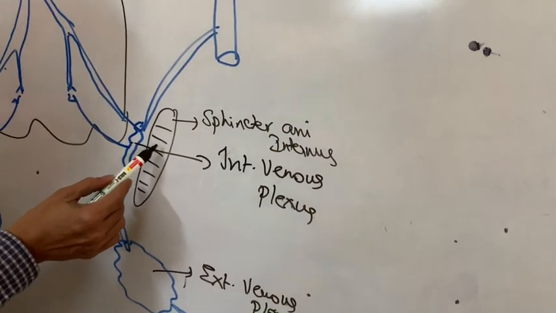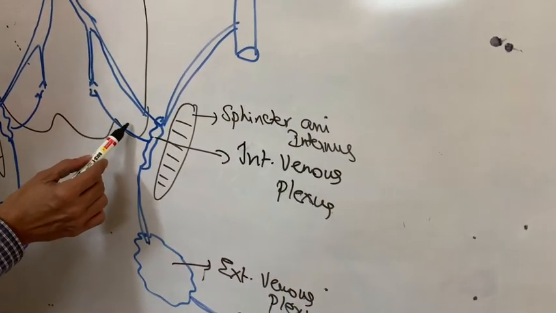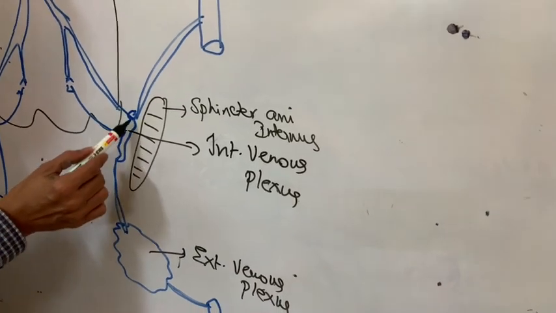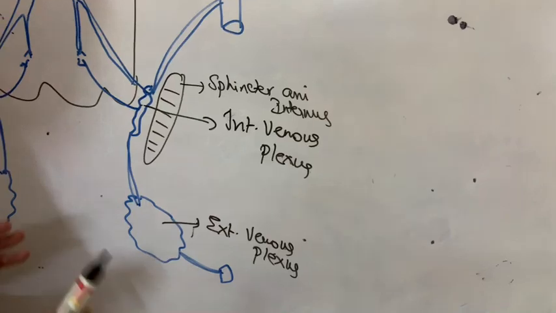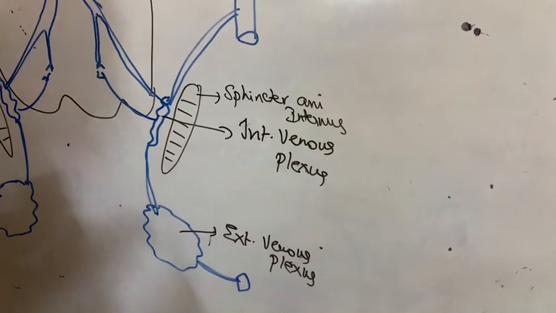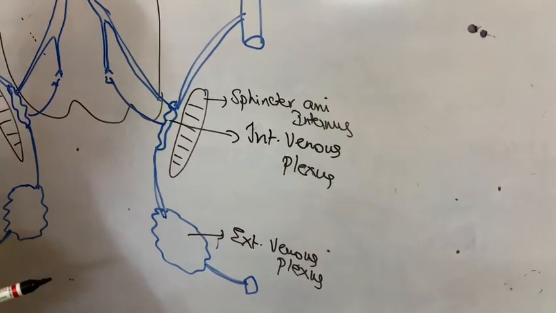Between the sphincter ani internus and the mucous membrane we find the internal venous plexus, and the external venous plexus is situated close to the perianal skin and the related sphincter.